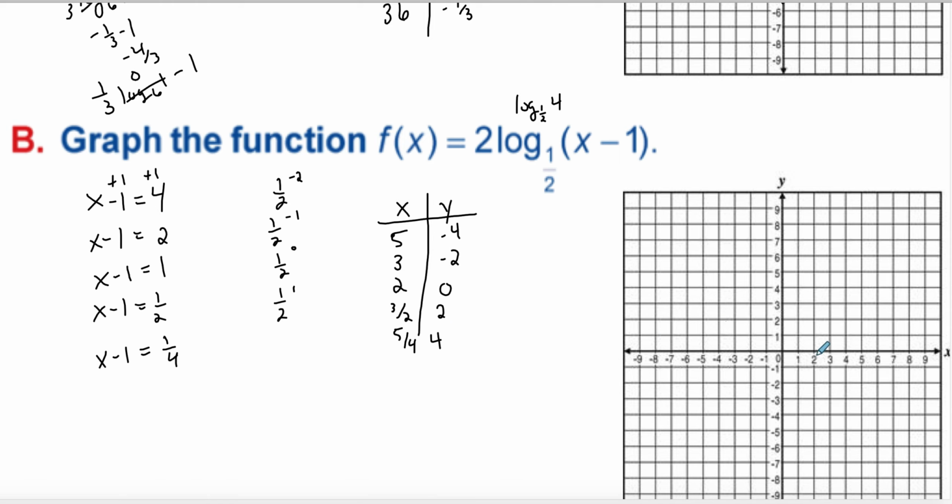So then we need to go ahead and graph those. So 5, negative 4, we're down here. 3, negative 2, we're down here. 2, 0. 3/2, 2, so 1.5 up to 2. And then 5/4, 4. So 1 1/4 up to 4.